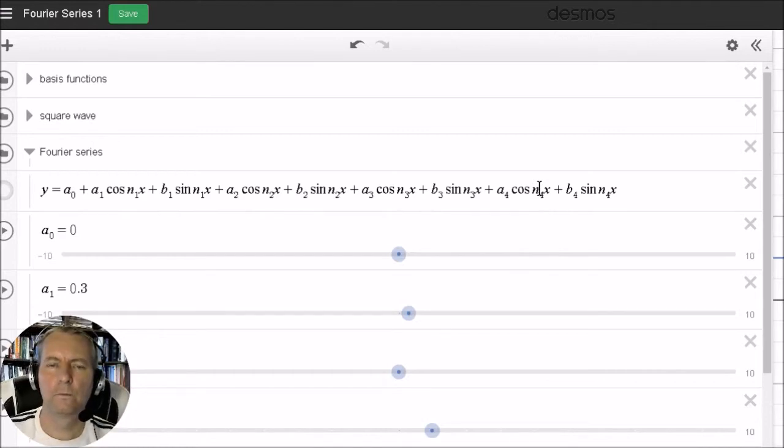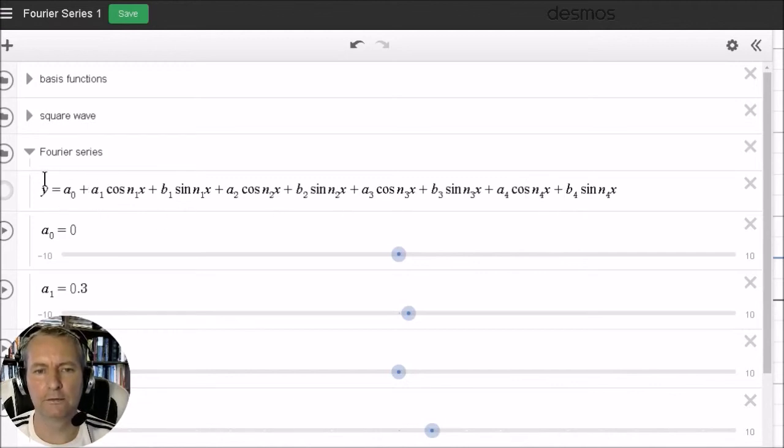Whenever we did the Taylor series, we noticed that, say, for the first 12 terms, we would be looking for 12 values, so we'd be looking for our A1, A2, A3 up to A12. But in this case, we've got a lot more variables that we can play with. So we're looking at the first, in effect, 5 terms.